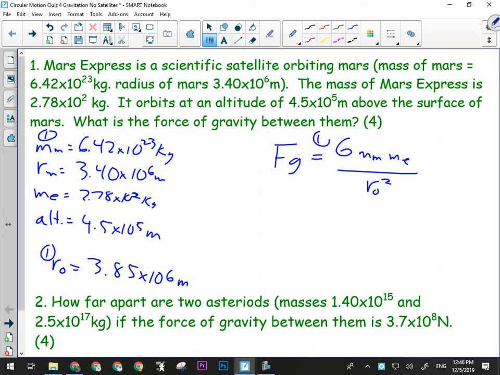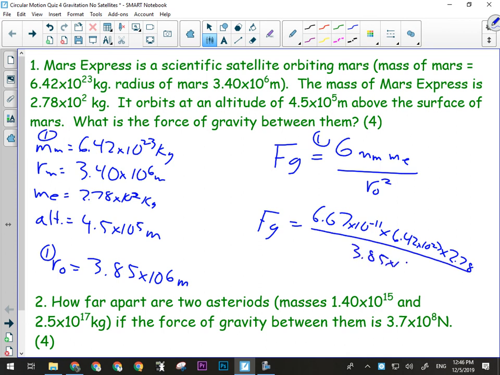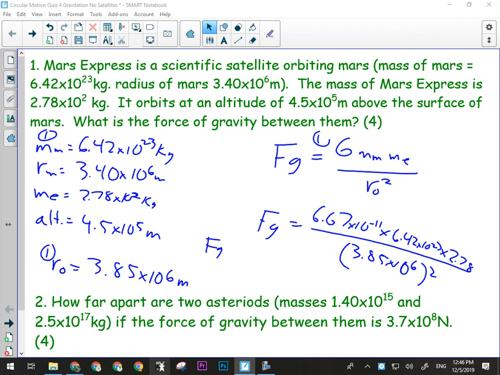To calculate the force of gravity, we're going to plug in our numbers here. So that'll be 6.67 times 10 to the minus 11 times 6.42 times 10 to the 23 times 2.78 times 10 to the 2, divided by our 3.85 times 10 to the 6 squared.